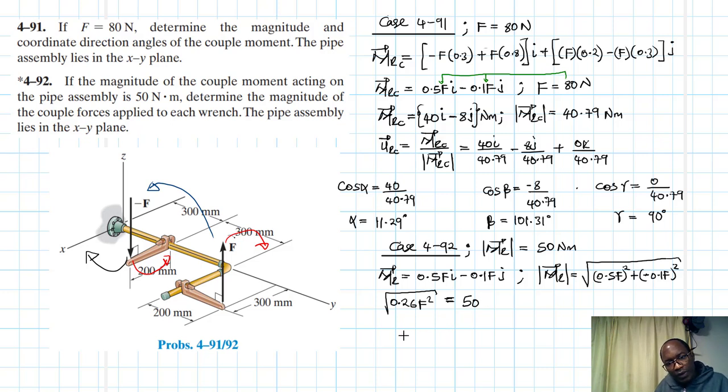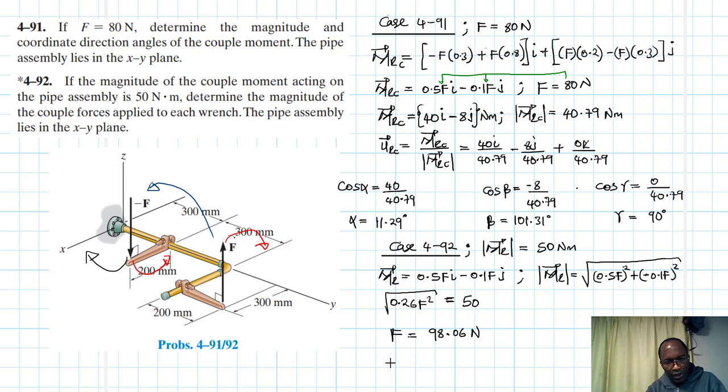Okay, so we can make F the subject of the formula. This will give us 50 squared divided by 0.26, then root of that solution. So this gives us 98.06 newtons.